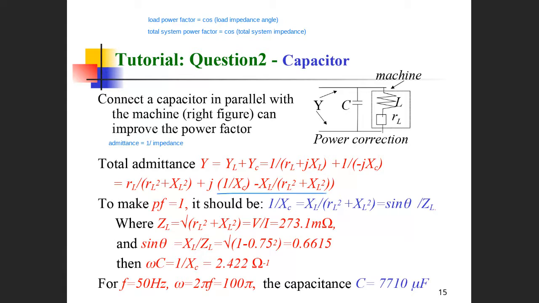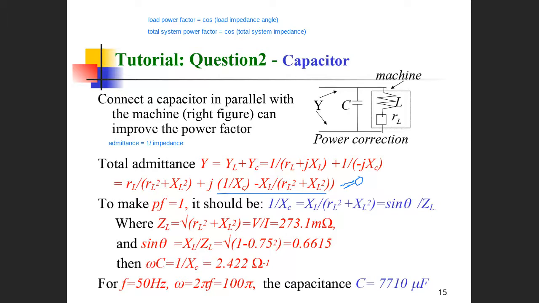Making the power factor 1 means the reactive power is zero, which means the total reactance is zero.